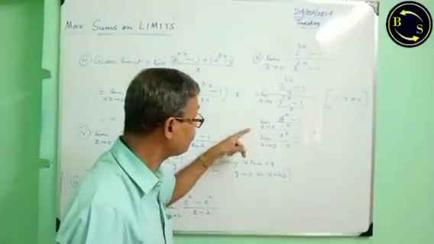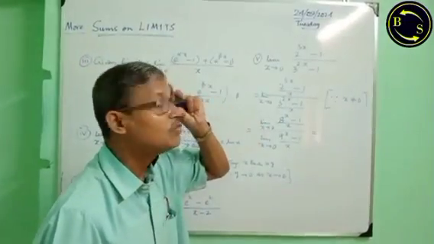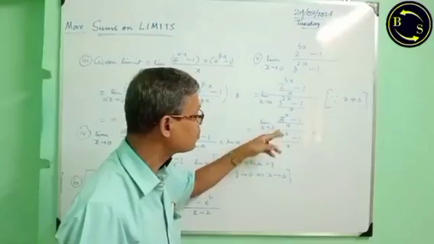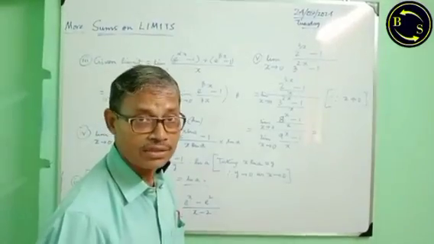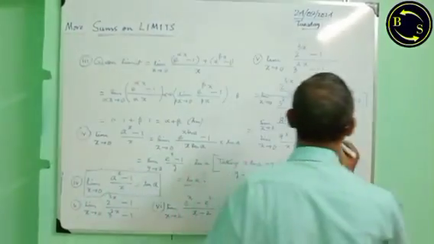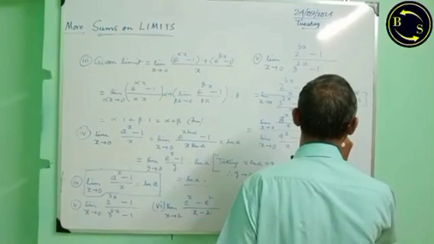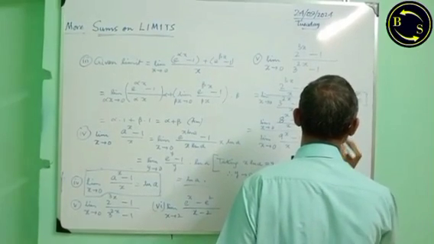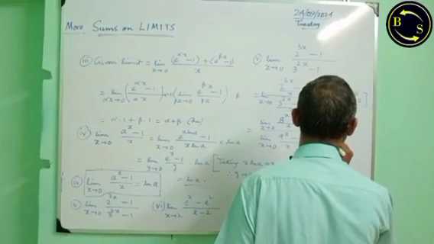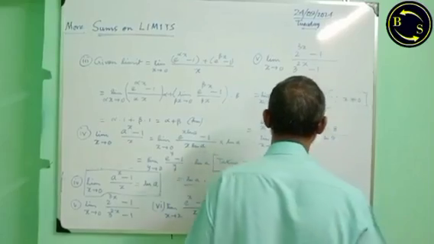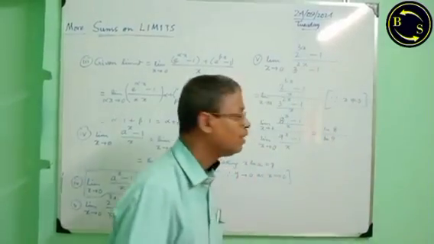That means of the form limit x tends to 0, a to the power x minus 1 by x, which means log of a: log of 8 and log of 9.